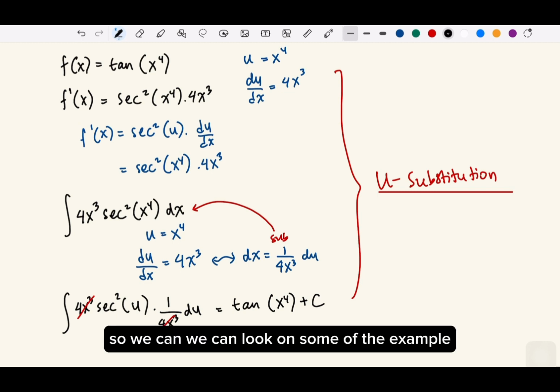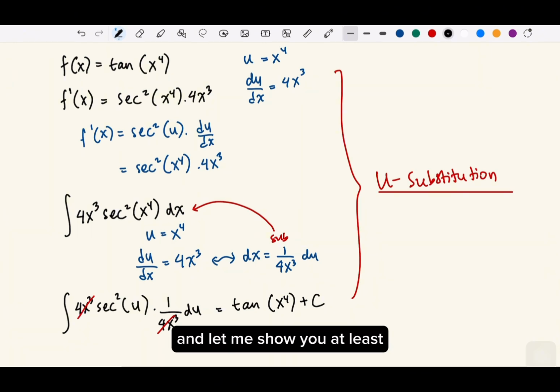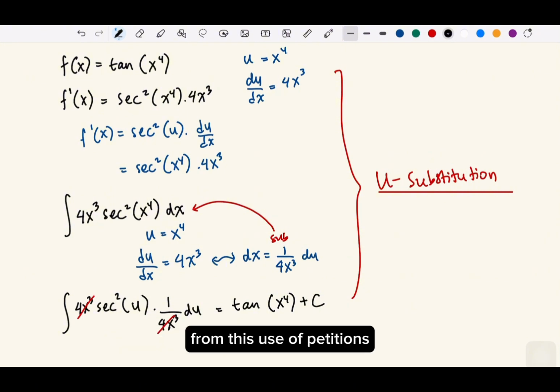Okay. So we can look at some examples. And let me show you, at least there are several methods that we can apply from these u-substitutions.